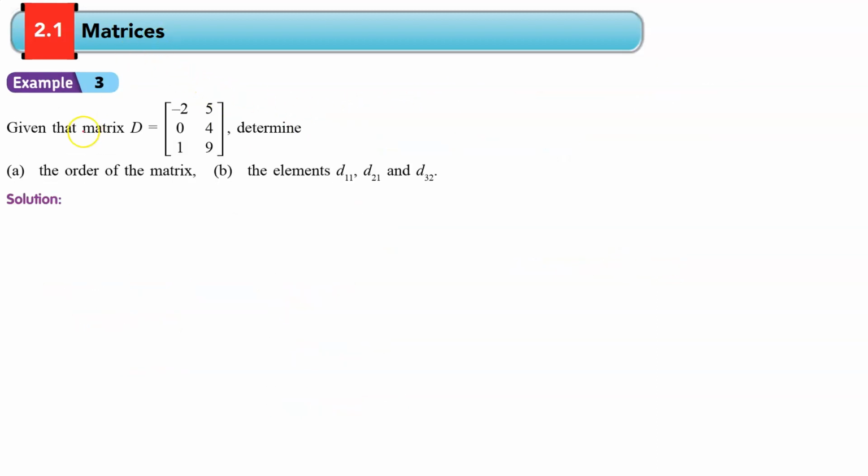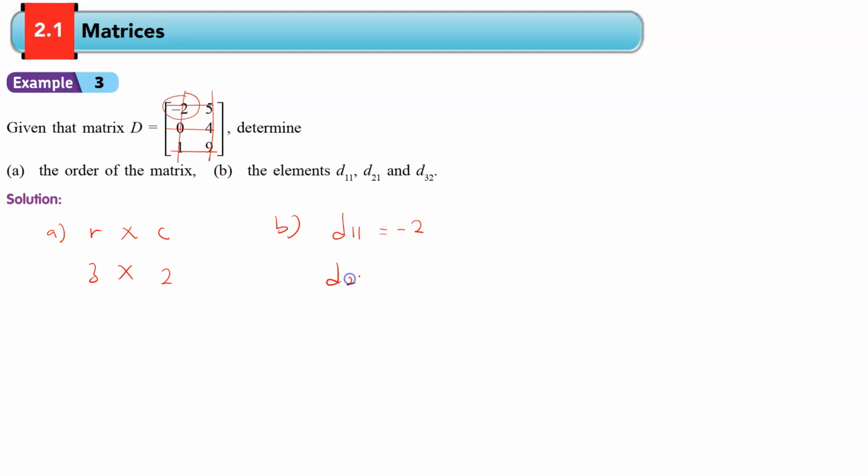Example 3. Given that matrix D yang ni, determine the order of the matrix. So, order nak tengok apa dulu? Ingat, row times column. Rows, 1, 2, 3. 3 columns, 1, 2. 2. So, 3 by 2 matrix. So, B, D11, siapa ada dekat position row 1, column 1. Row 1 yang ni, column 1 yang ni. So, yang ada intersection negative 2.